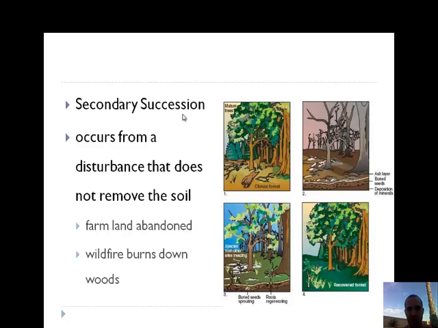Secondary succession is in a place that's already established, and it's typically on Earth. Most areas would go through secondary succession, where they would go through some sort of overturn. It occurs from a disturbance that does not remove the soil. So some examples would be farmland that's abandoned, or a wildfire that comes in and burns down the woods.